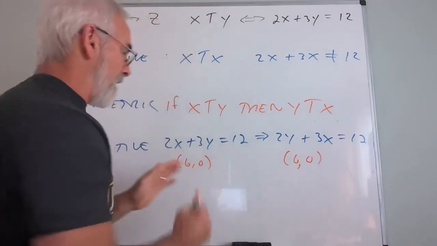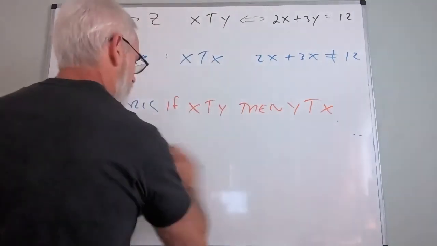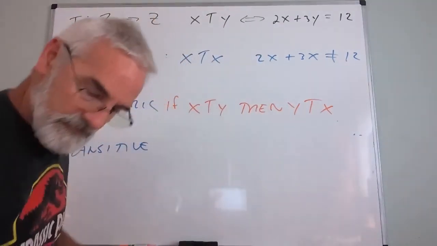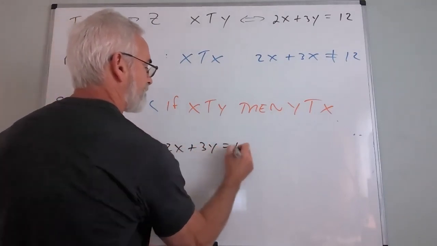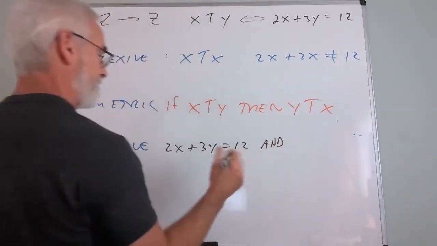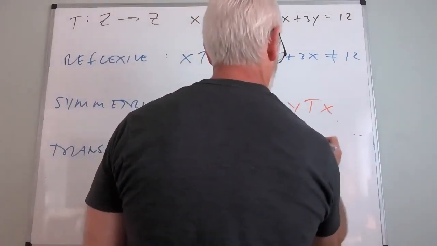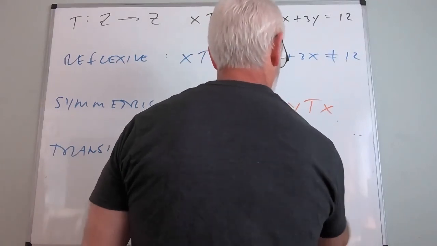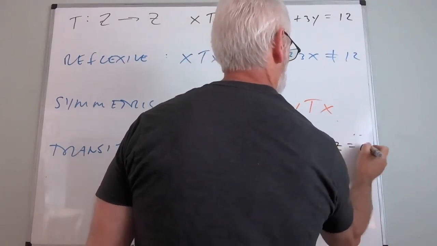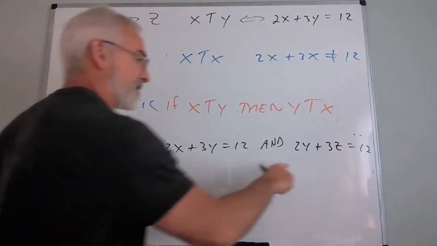If I have an ordered pair that satisfies this one, okay, I'm telling you that 2X plus 3Y equals 12. And now we need to use a different letter of the alphabet. 2Y plus 3Z. And again, just think of this as being my input, and this is my input.